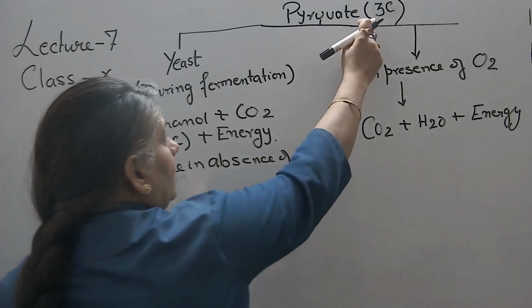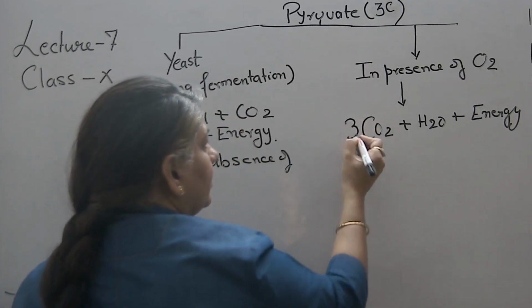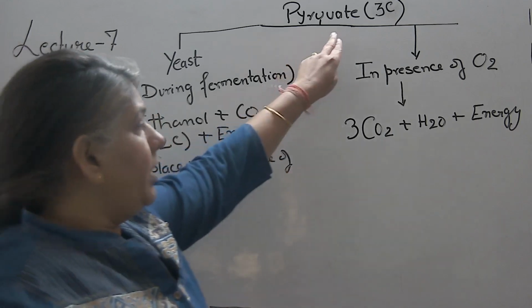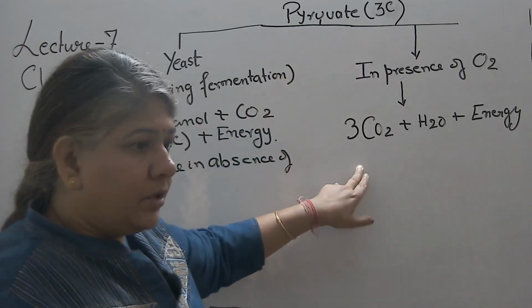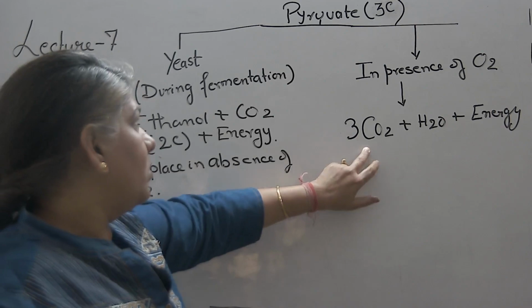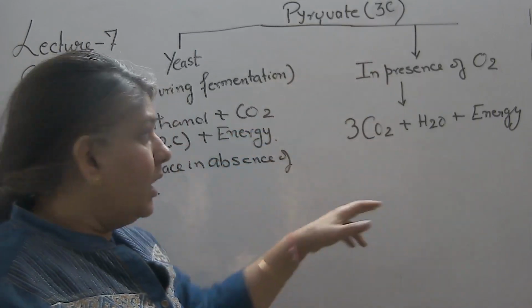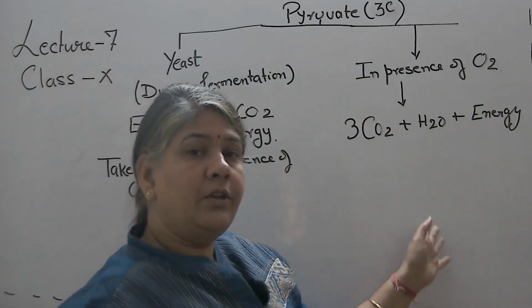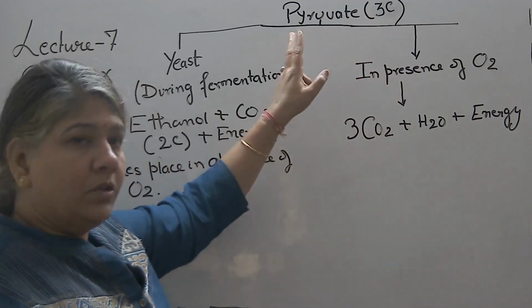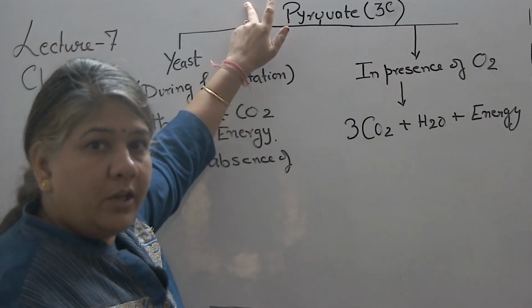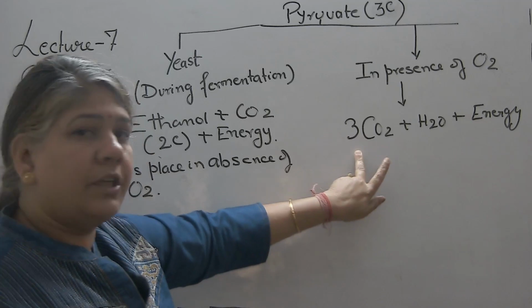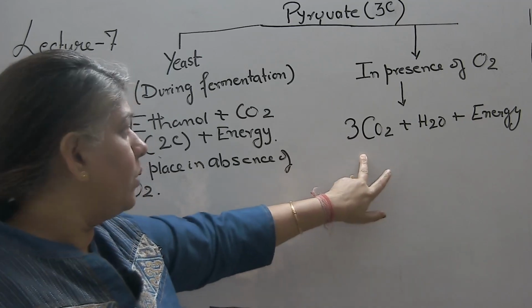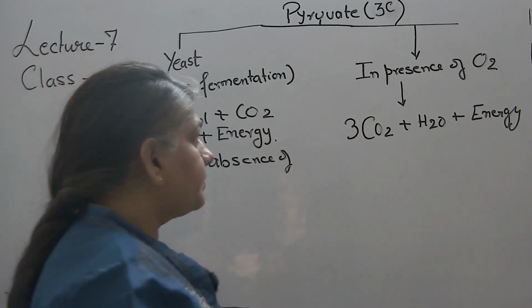Let's balance. From one pyruvate molecule, we get 3 carbon dioxide molecules, so carbon is again balanced. In the overall reaction, we take 1 molecule of glucose, get 2 molecules of pyruvate, and then 6 molecules of CO2 are produced.